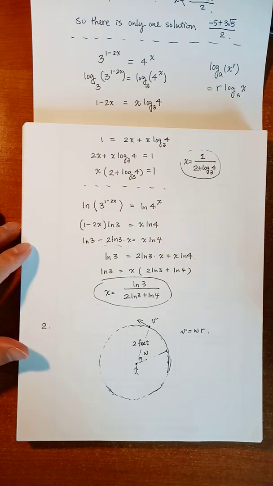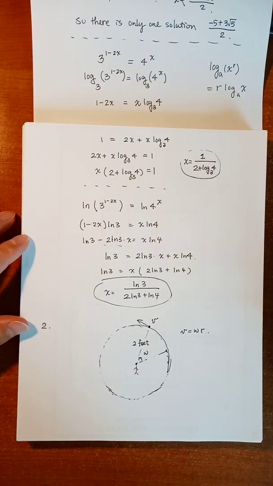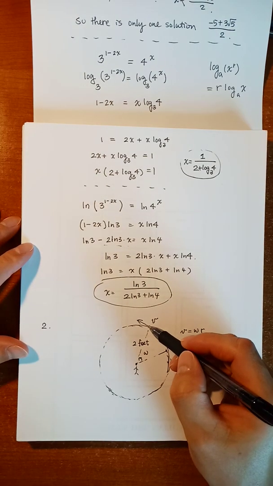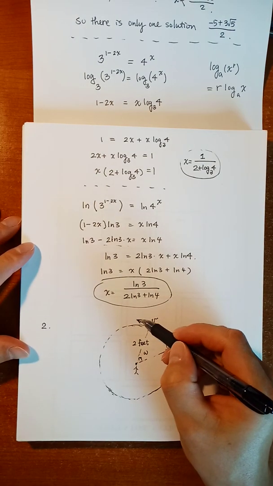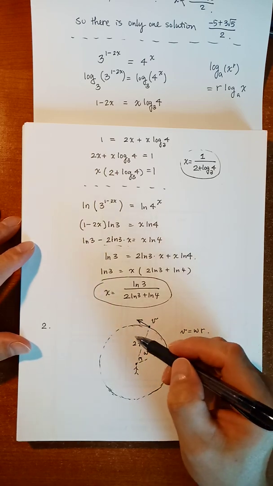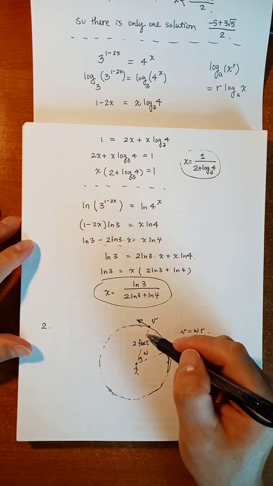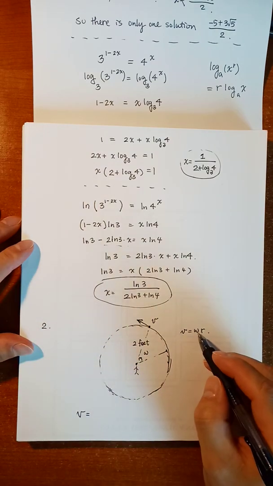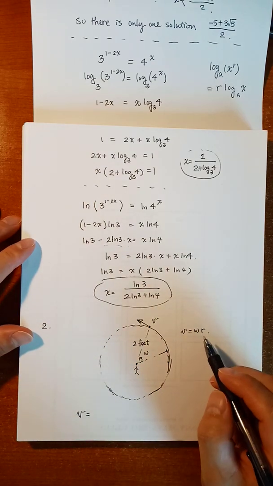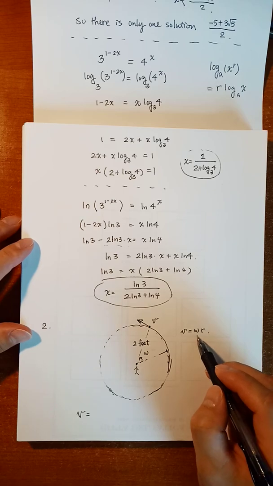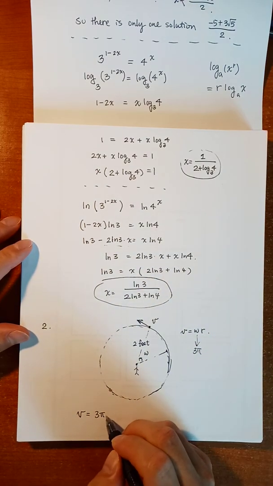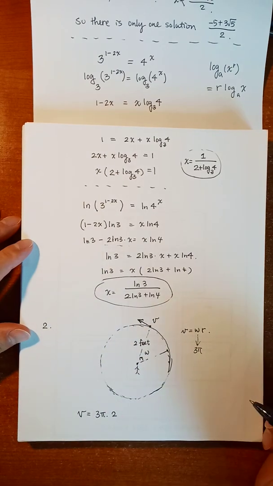Okay, so the question: what is the linear speed of the rock when it is released? When it is released, the rock will fly along this tangent direction. That is exactly the linear speed. So v is w, which in the problem is given as 3 pi, times 2 feet.